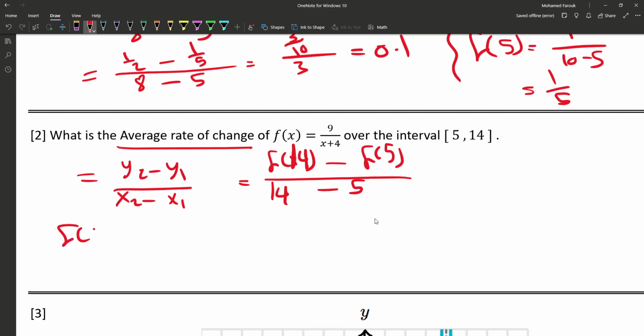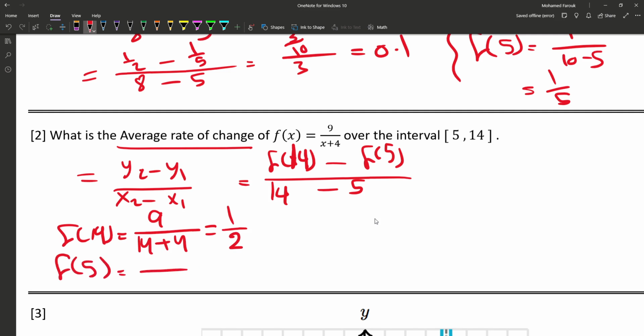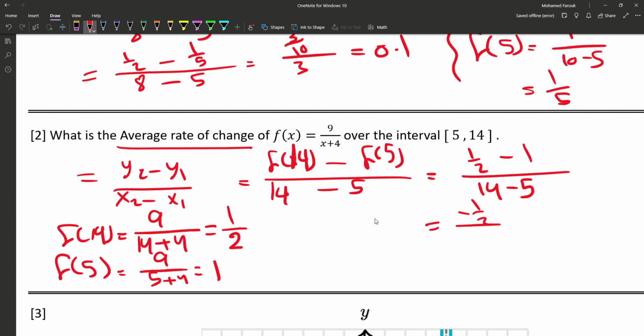So how to get f of 14? You will plug it into your function, so it will be 9 over 14 plus 4, which is 1 over 2. And to get f of 5, it will be the same, 9 over 5 plus 4, which is 1. So we'll plug our numbers here, so it will be half minus 1, negative half over 14 minus 5, which is 9, so it will be negative 1 over 18.